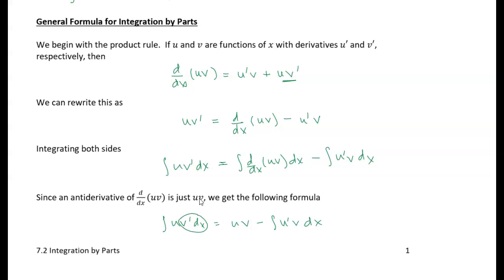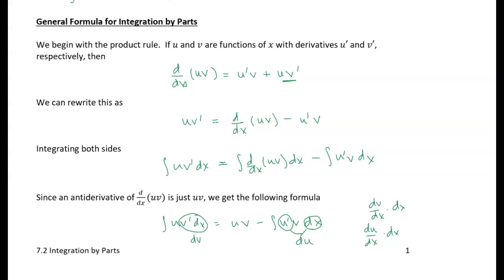This is basically dv/dx times dx, so I can write that as dv. And if I combine this with this, it's basically du/dx times dx, so I can write that as du.